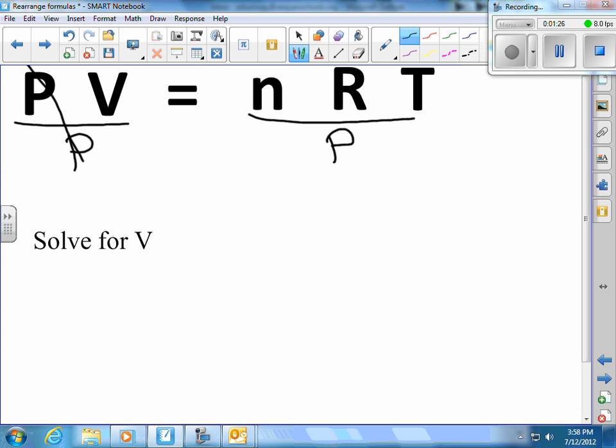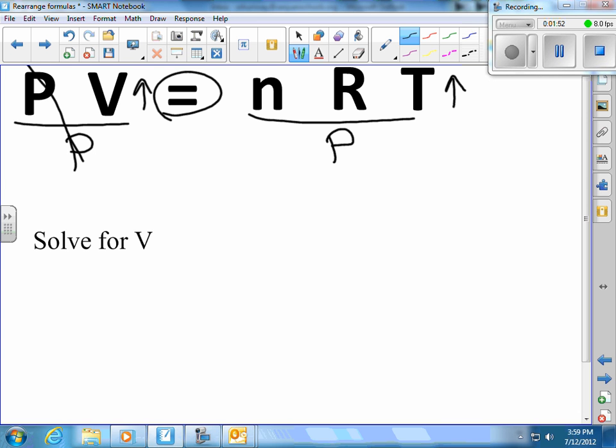So that says that if the pressure and number of molecules stay the same and the temperature goes up, then the volume would also have to go up because they are equal. If the right side of the equation gets larger, the left side also has to get larger by the same amount.